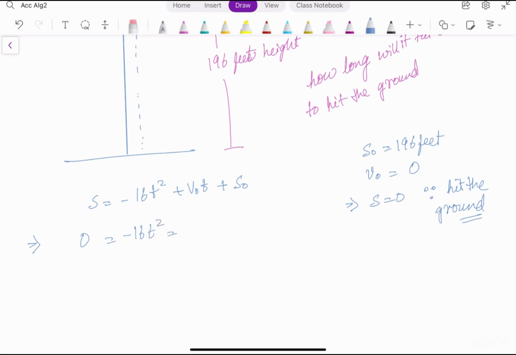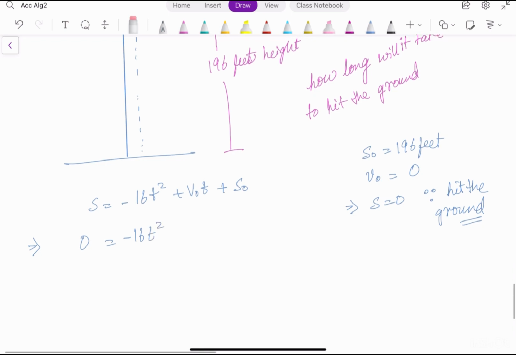Let's plug it back in the equation. Negative 16t squared, V0 is 0, t, and S0 is 196. Cleaning this up, you get negative 16t squared plus 196 is equal to 0.